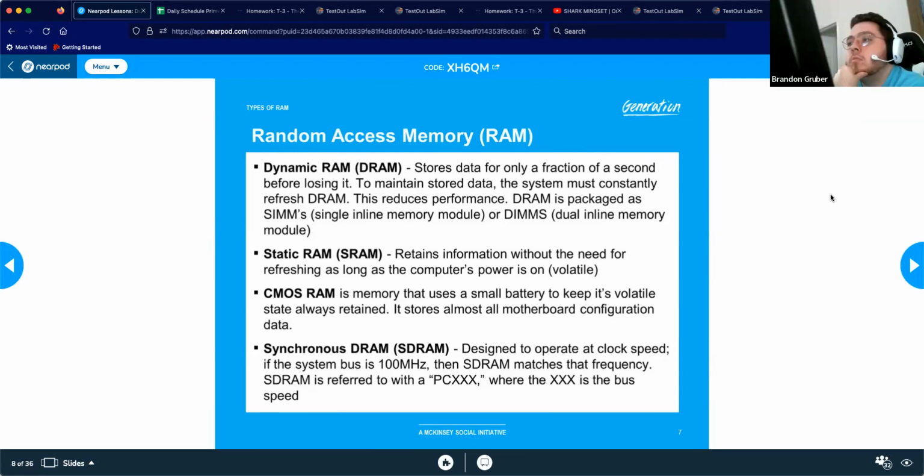CMOS, the CMOS battery. What keeps the clock on your watch? The quartz oscillator, the quartz crystal. So your processor and your motherboard are going to be able to operate within a range, but the clock speed is generally going to be determined by that quartz crystal.